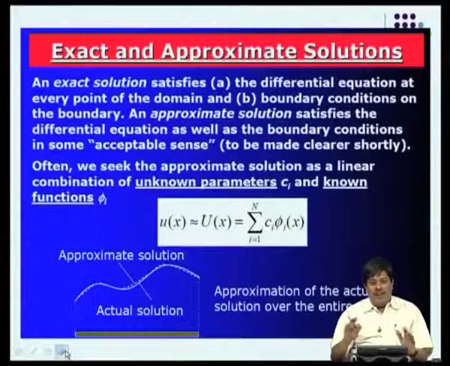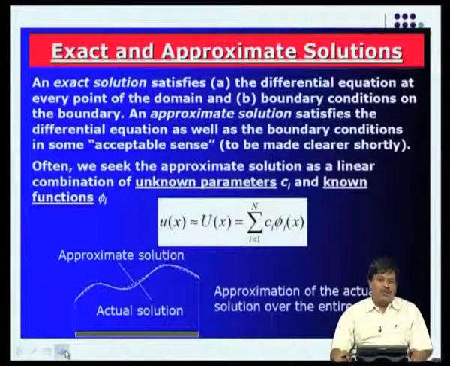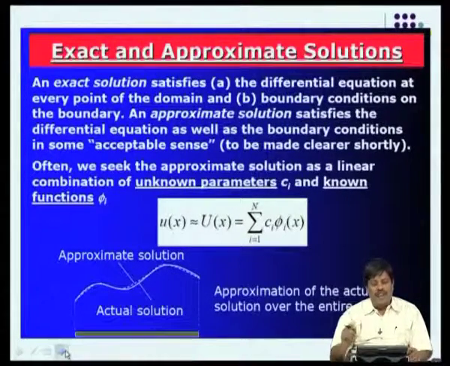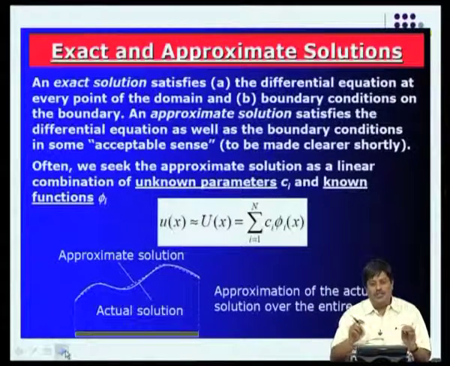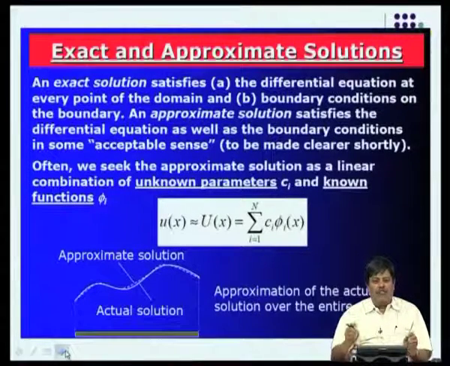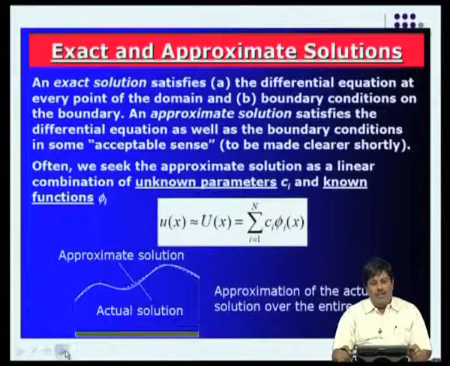So, now let us actually define what is an exact solution and what is an approximate solution. An exact solution is the one that satisfies the governing differential equation at every point in the domain 0 to L, and in addition it also satisfies the boundary conditions on the boundary. An approximate solution satisfies the differential equation as well as boundary conditions only in some acceptable sense and only at certain points.